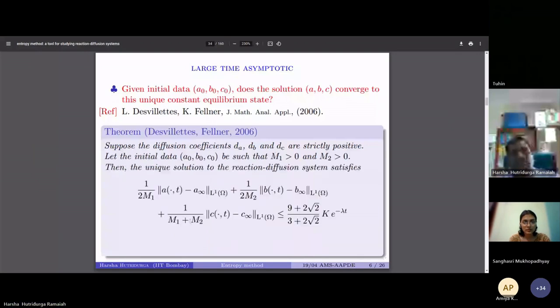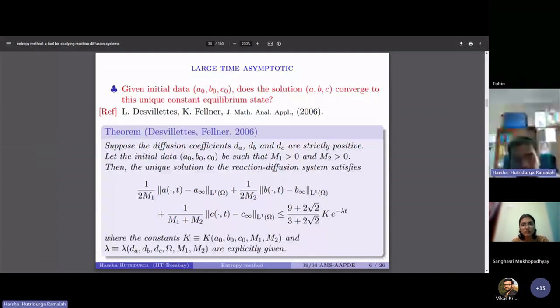Then the result is the following. They said that A, the solution to your 3x3 system, converges to A infinity, that constant which we determined earlier, in the L1 norm, and that convergence is exponentially fast in time. The value of this theorem, in some sense, is that these constants sitting here, this k and lambda, are very explicit.